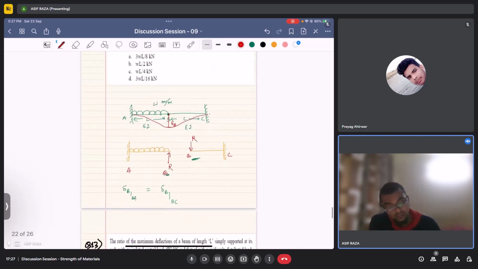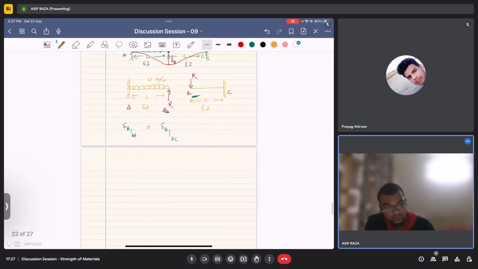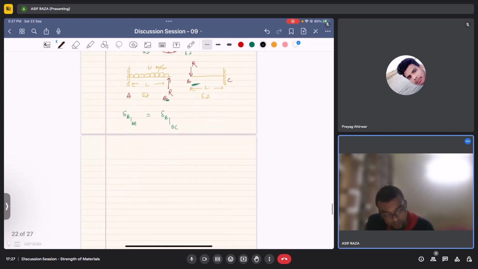Now let us solve this, whatever scenario I'm just saying about it. This is EI. Okay, now let us solve it. Now taking section AB, deflection at B, that is BA, would be equal to what?